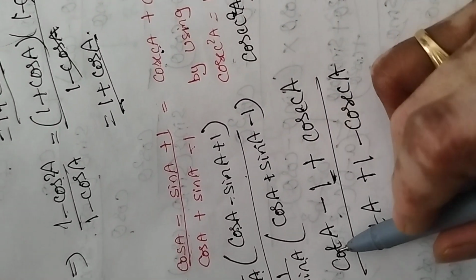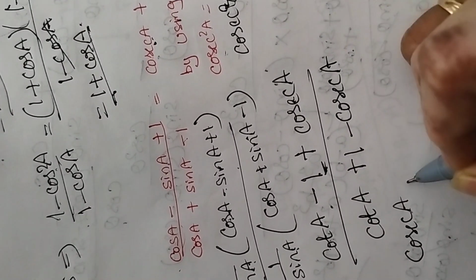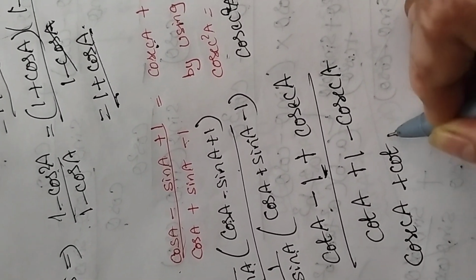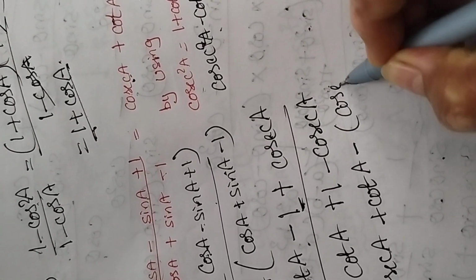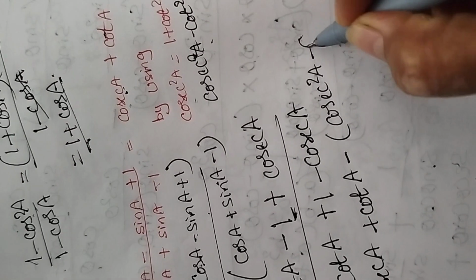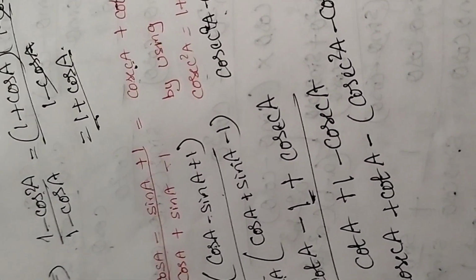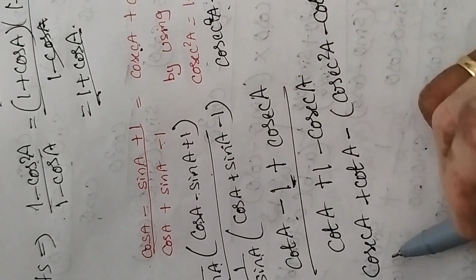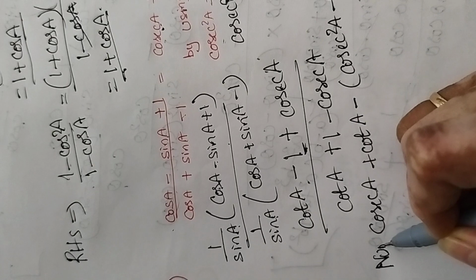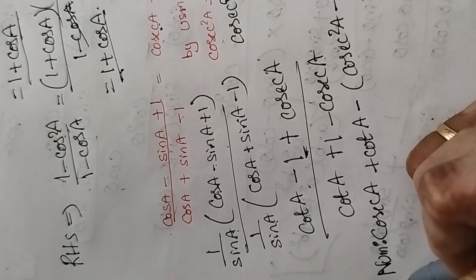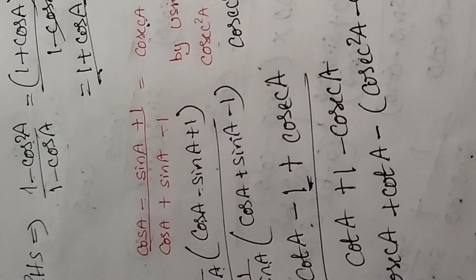See, cosecant A plus cot A, you write this, minus, instead of that 1 I am writing cosecant square A minus cot square A. The denominator you will write the same. This is the numerator I am simplifying, so I am just not writing the denominator.